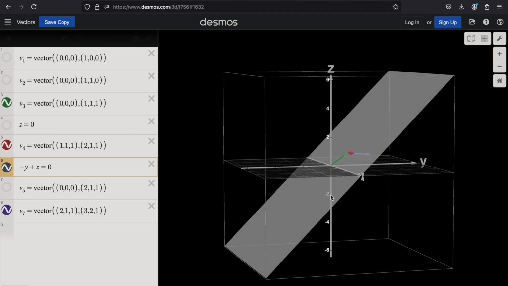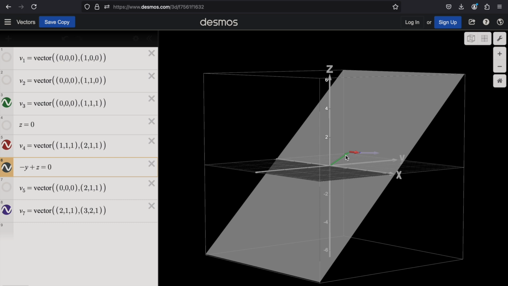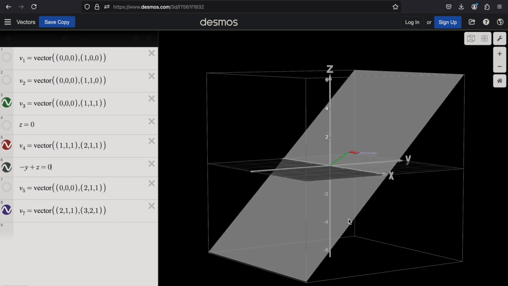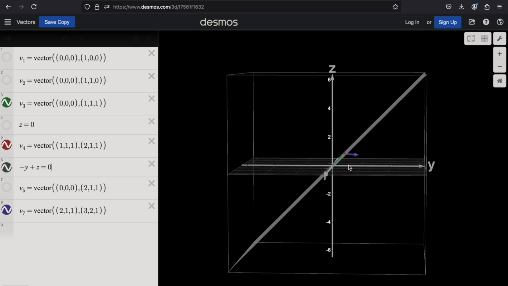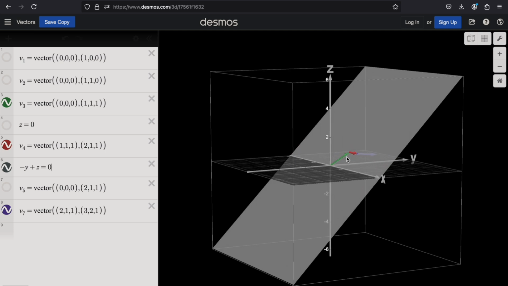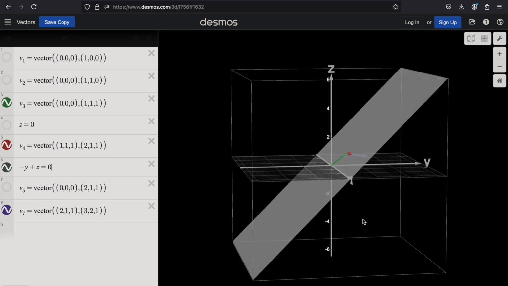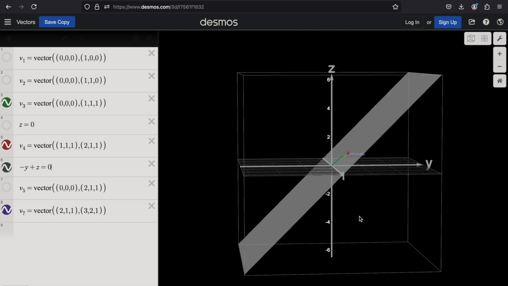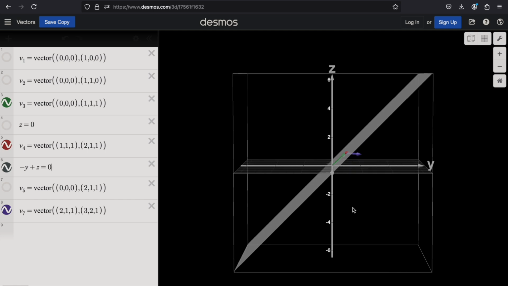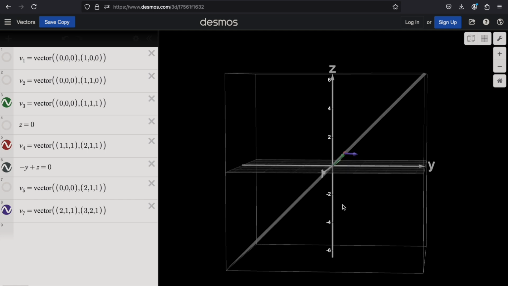We take the column 3, this green vector, then we add column 1 to it, that is the red vector, and then we add the second column vector, that is this purple vector. This green vector is the third column vector, the red vector is the first column vector, and this plane is nothing but the linear combination or span of column vector 1 and column vector 3, and then to the linear combination of the first and third vector, we added the second column vector, and it went outside the span. See, it went outside the plane.